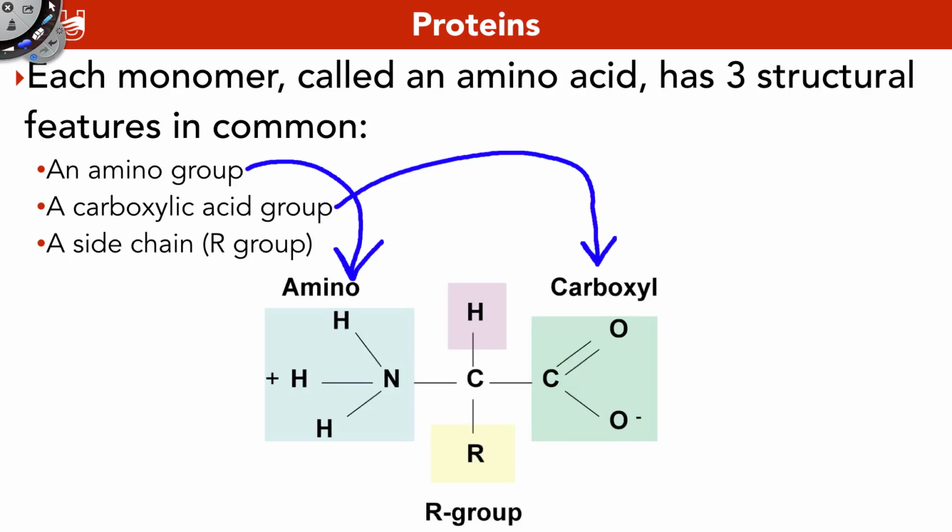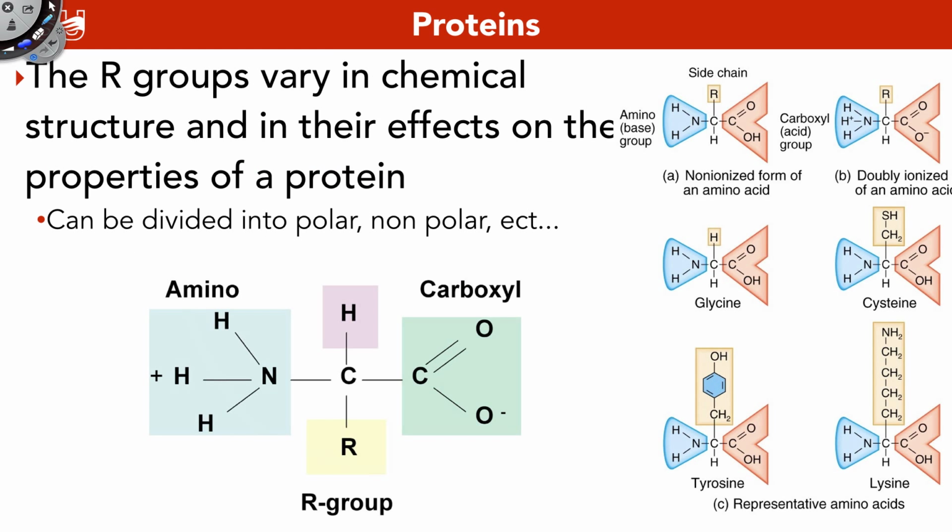And also we have that side chain, or that R group. Again, you have to know this general structure of an amino acid and these functional groups that we have discussed previously. Now, as I said, this R group defines what an amino acid is, how it behaves. How does it behave in solution?